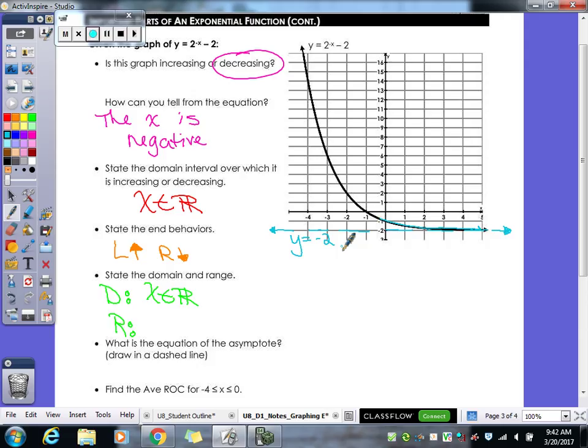When your domain is x is an element of the reals, you are going to have an asymptote every single time. So this graph looks like it's going to touch -2, but it's never actually going to reach that -2 value. So our range would be y is greater than -2 because our graph is entirely above your asymptote line.